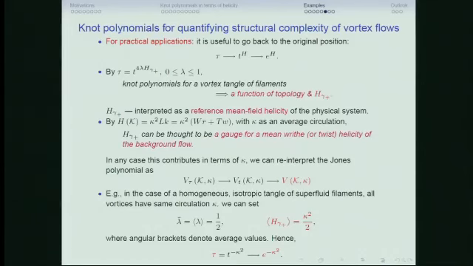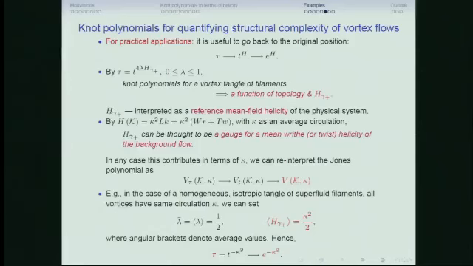Now let's have a look at some practical applications. For practical applications, we can just go back to our original position to replace tau to be e to the h. T goes back to e.